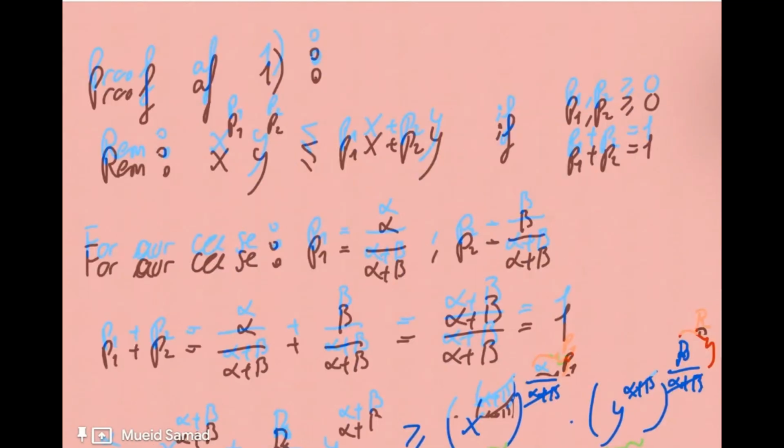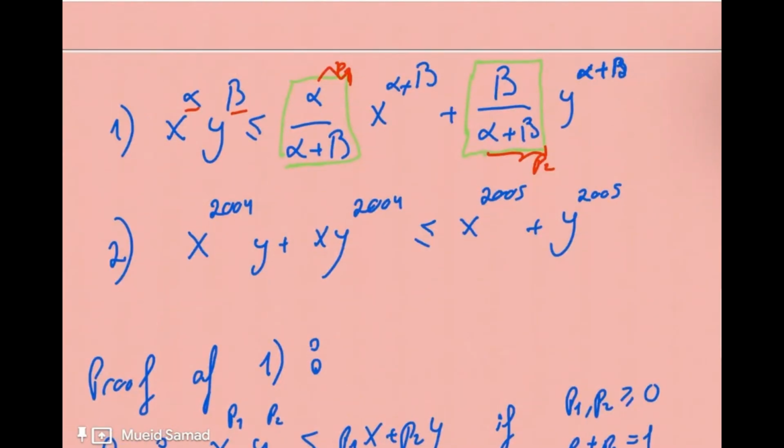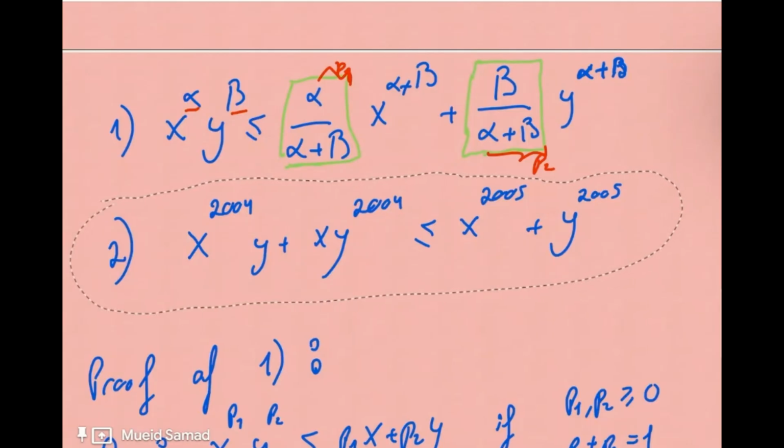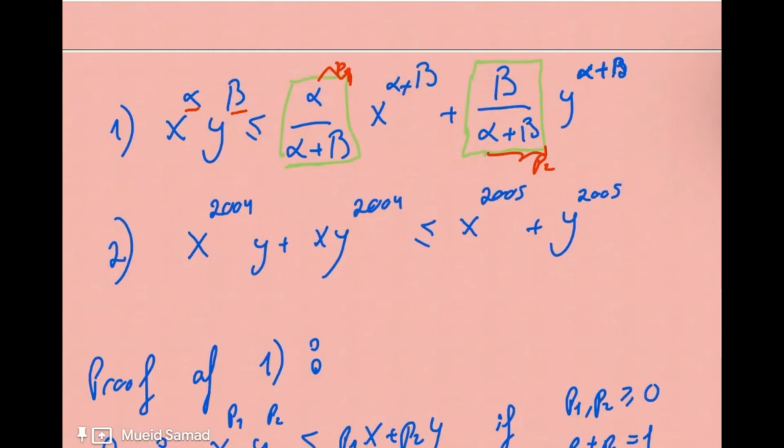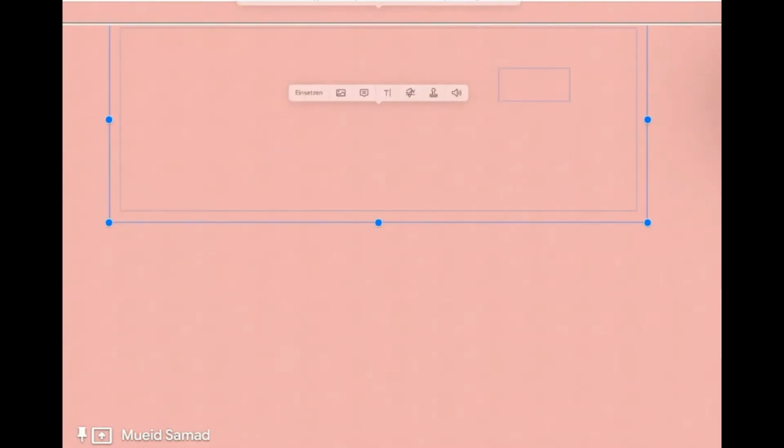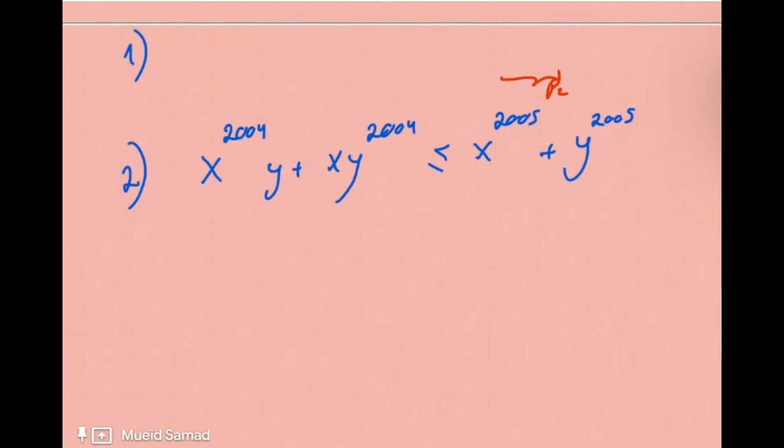Now, let's go to the corollary. Let's actually copy this and start out here. We actually don't need this. And this here.